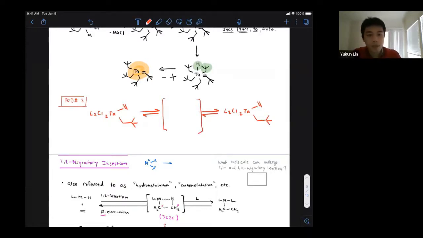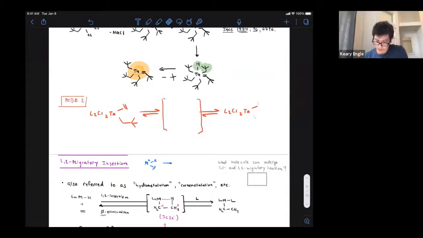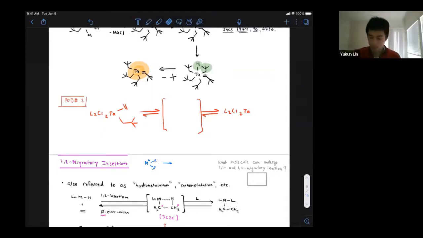So I think maybe it will use a hydrogen chloride. Okay, that is reasonable, but I told you already that it's going to be isomeric.